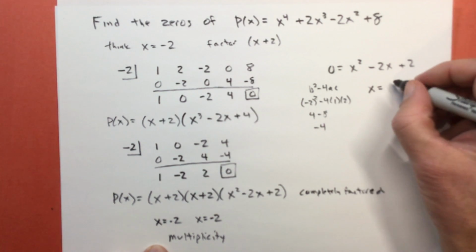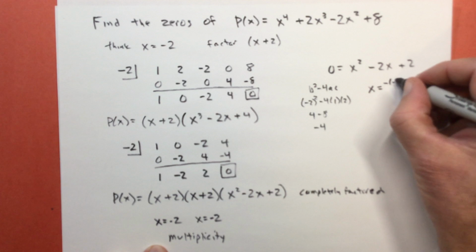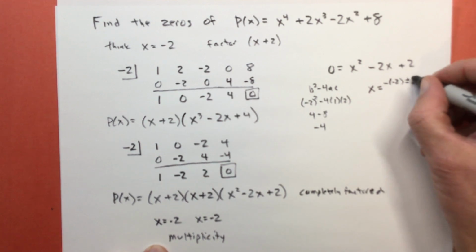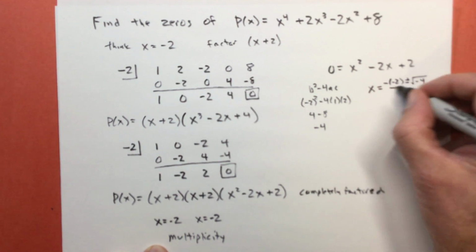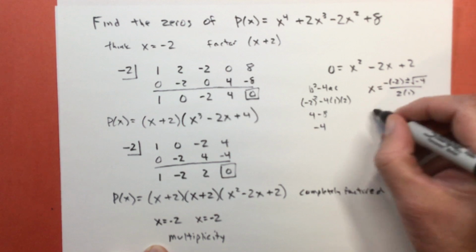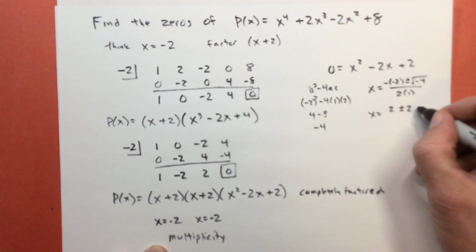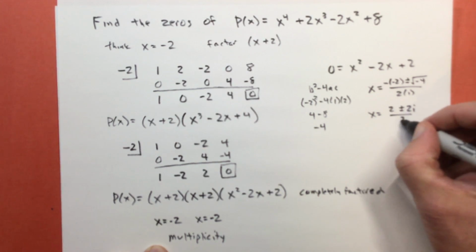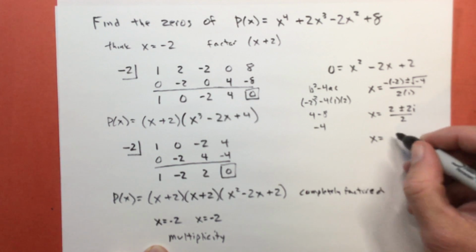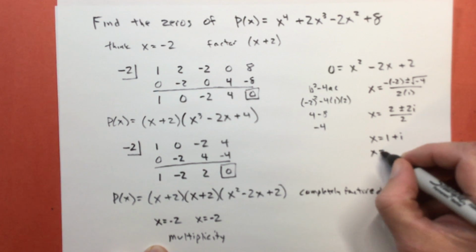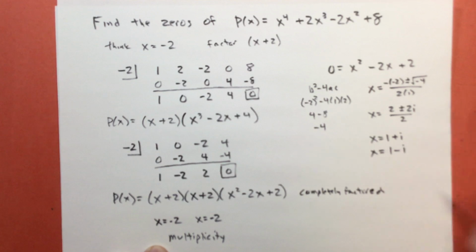So I get negative b, which is the opposite of negative 2, plus or minus the square root of negative 4 divided by 2 times 1. This is 2 plus or minus 2i divided by 2, which means I get 1 plus i, and my other 0 is 1 subtract i, because the 2's are going to reduce.